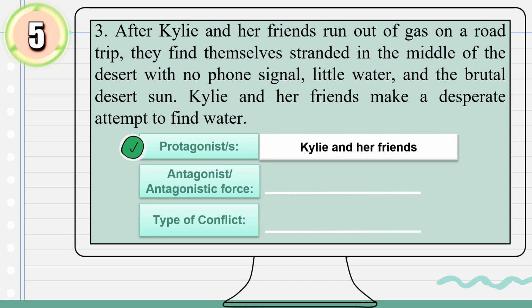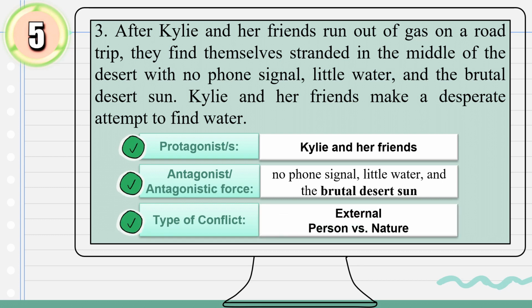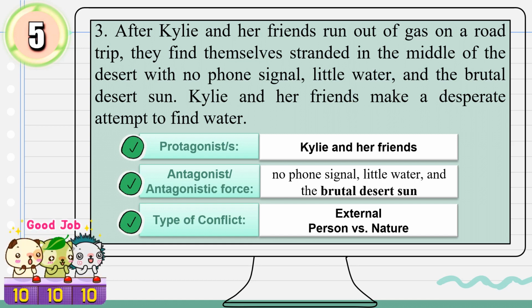The antagonistic force is that they have no signal, little water, and the brutal desert sun. What type of conflict is this? This is external, person versus nature. Bravo!